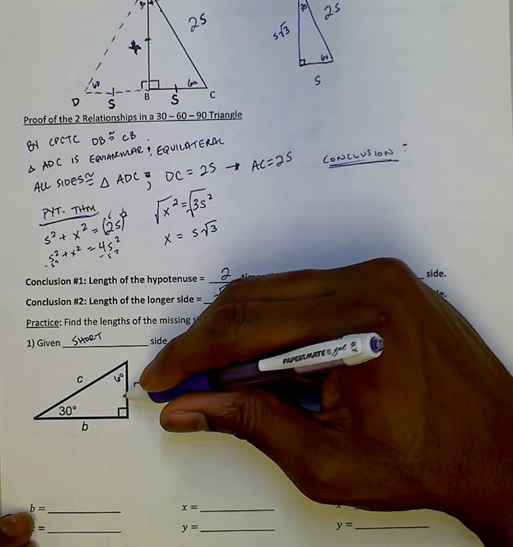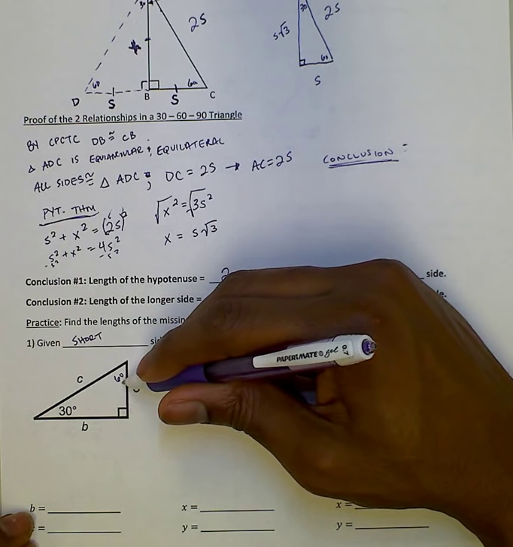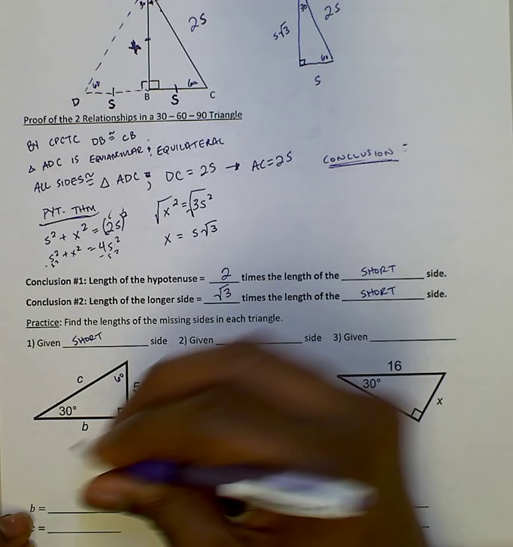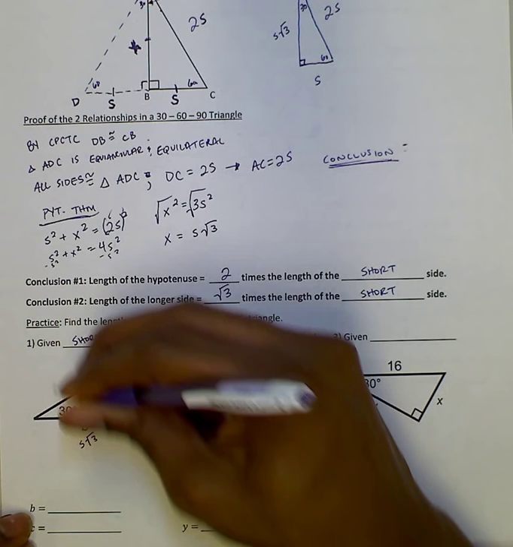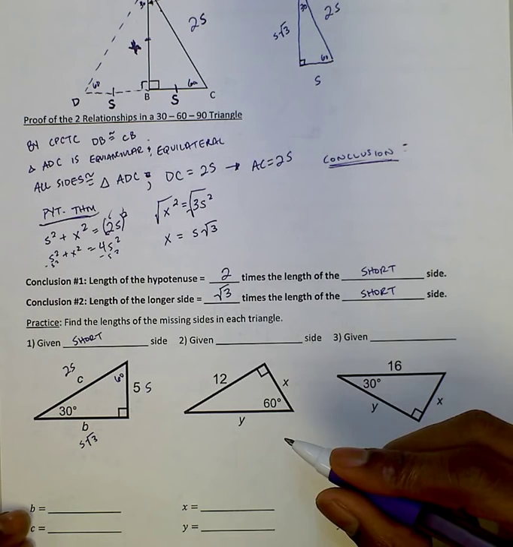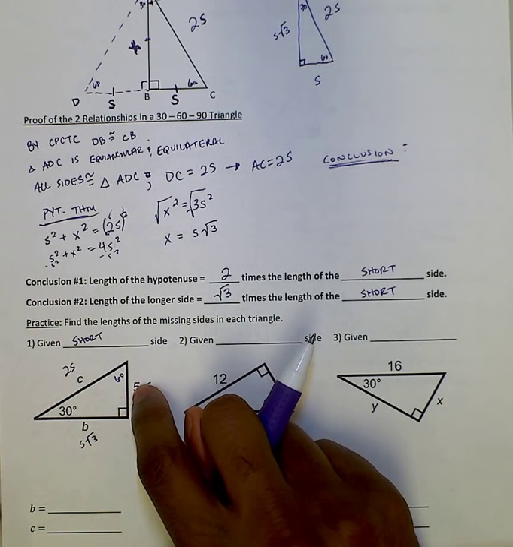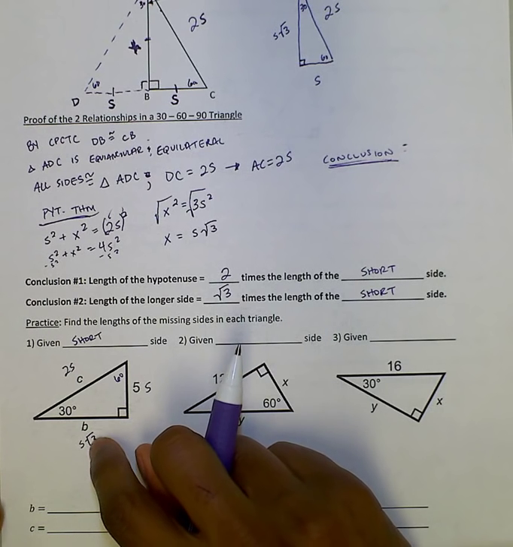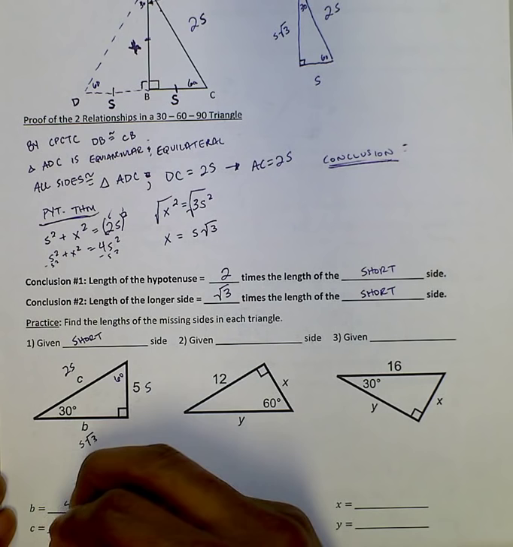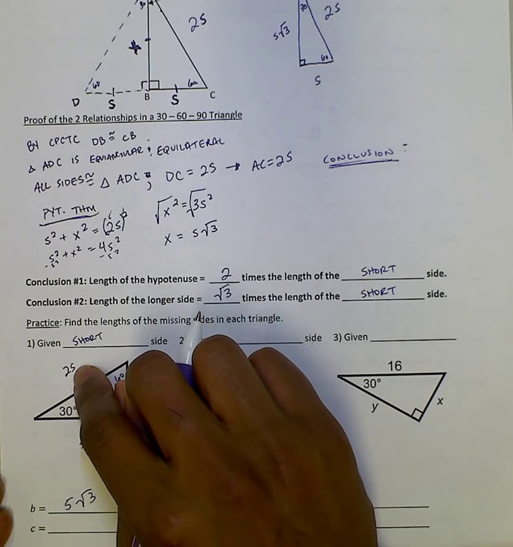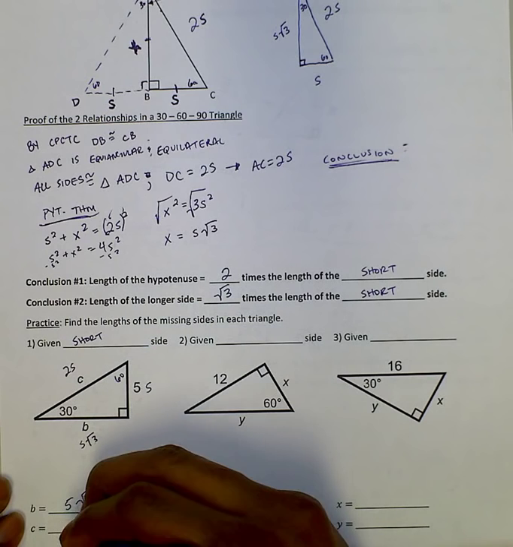If the short side is S, I like to label these sides because it makes it easier to see what I'm doing. So S is 5. B is S times radical 3, so 5 times radical 3. C is 2S, so 2 times 5, which is 10.